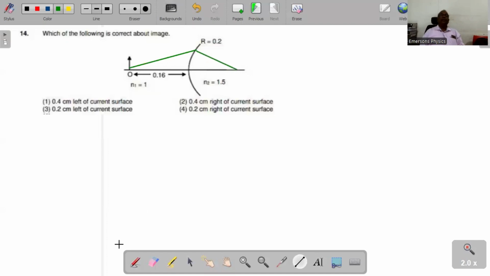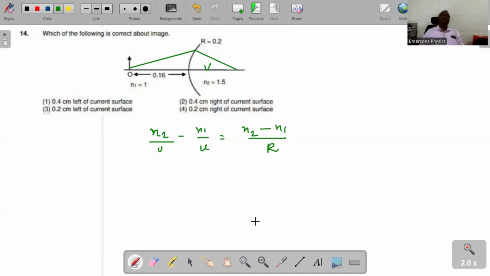You know the formula: N2 by V minus N1 by U equals N2 minus N1 by the radius of curvature of this surface. When light passes from rarer to denser, this is the formula for refraction through a refracting surface.